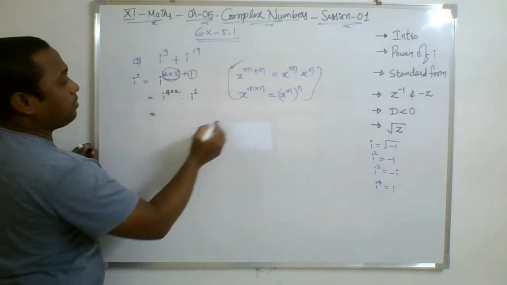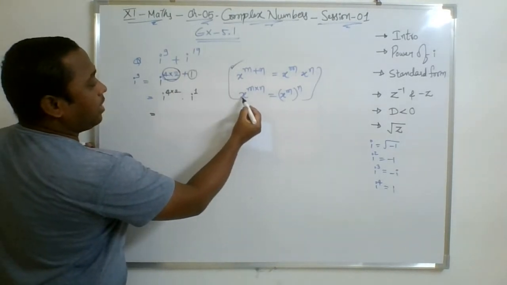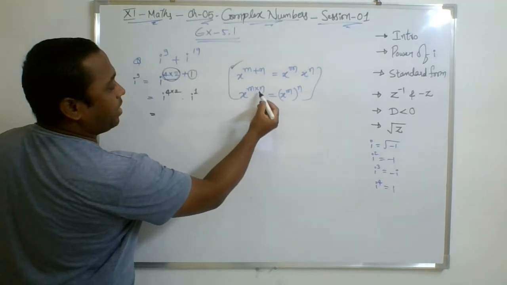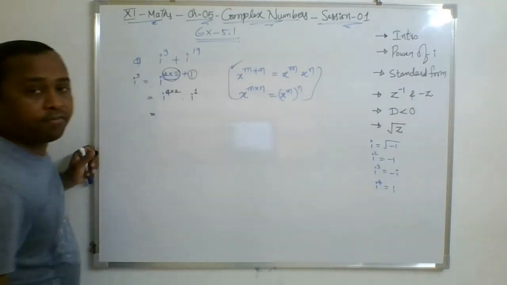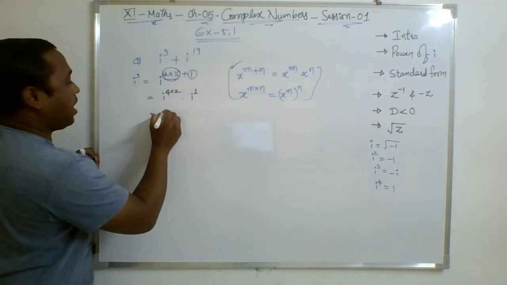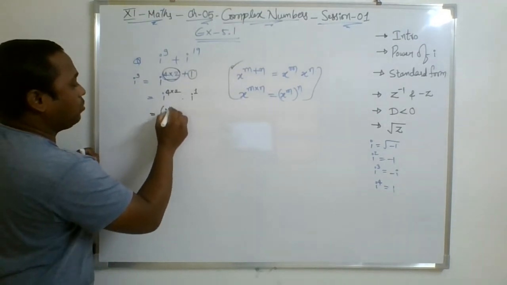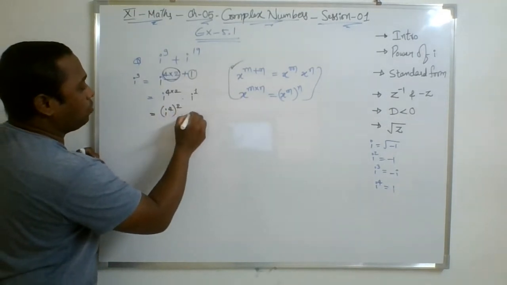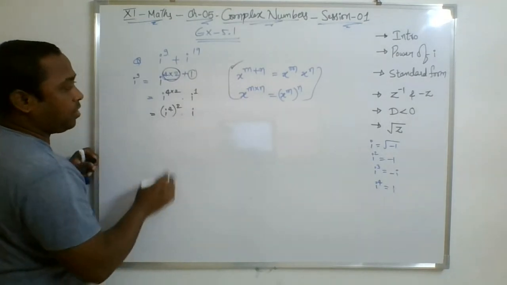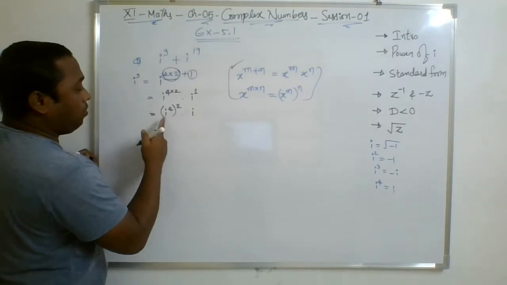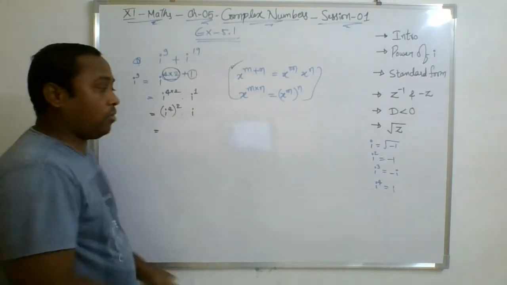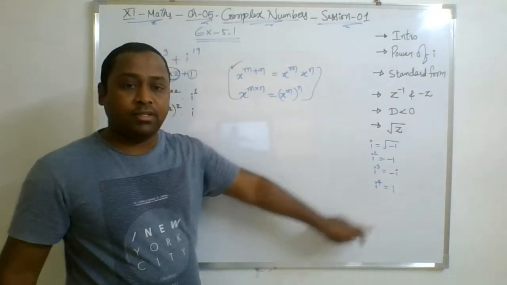Now in the next step, x to the power of m into n can be written as x to the power of m whole to the power of n. Hence I am able to write i to the power of 4 whole power 2 into i, because i power 1 is i only. And you know what is the value of i power 4? i power 4 is always 1.